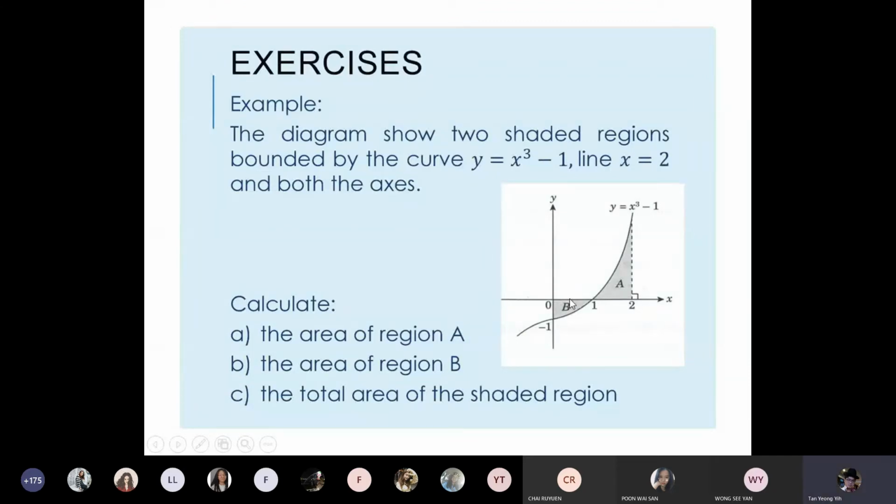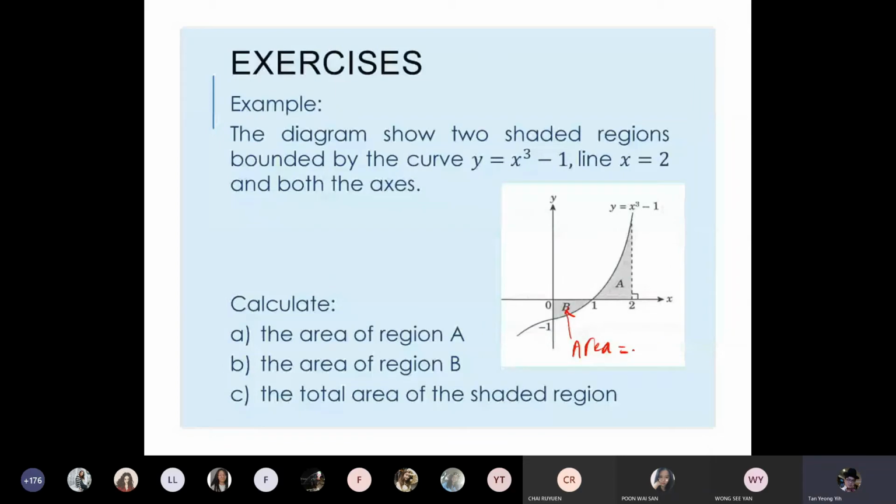There's one unique part about area of B. Can you remember? The area you get for B is? Negative. Okay, good. All right, the area for B is negative.